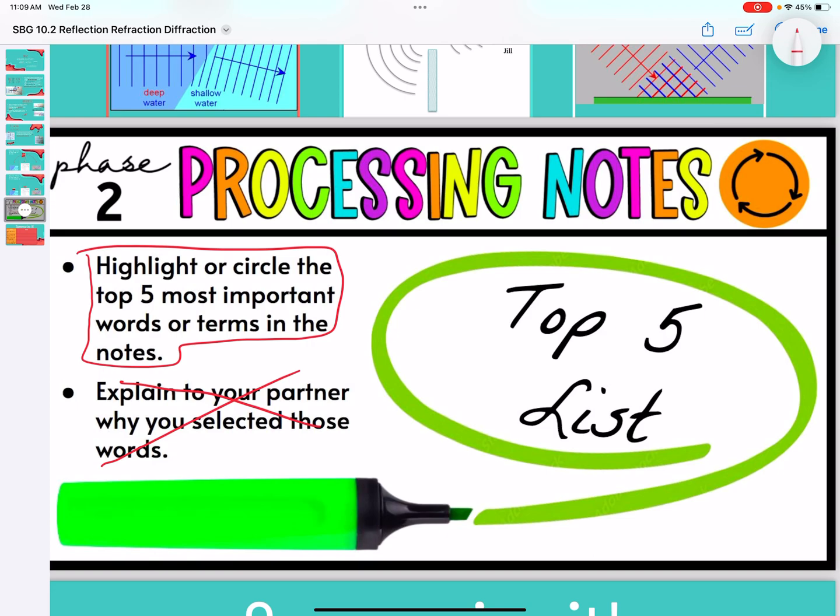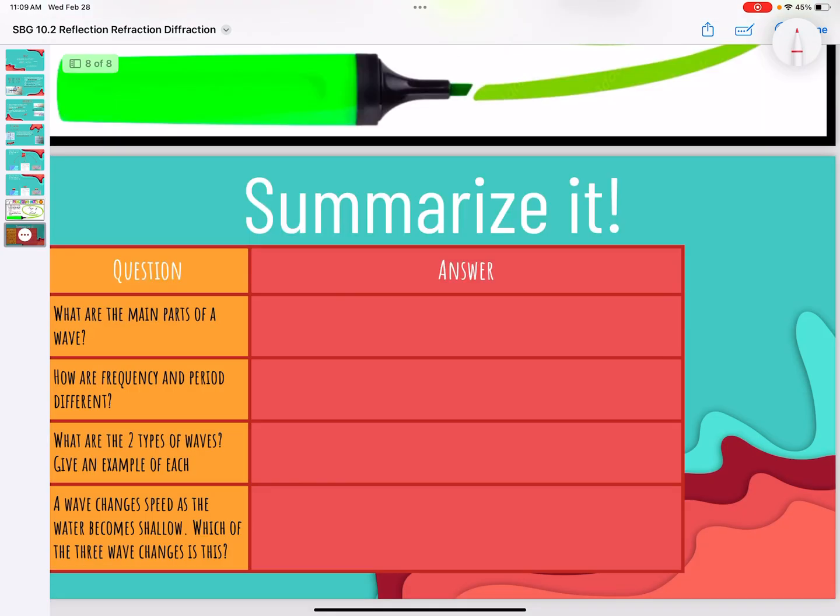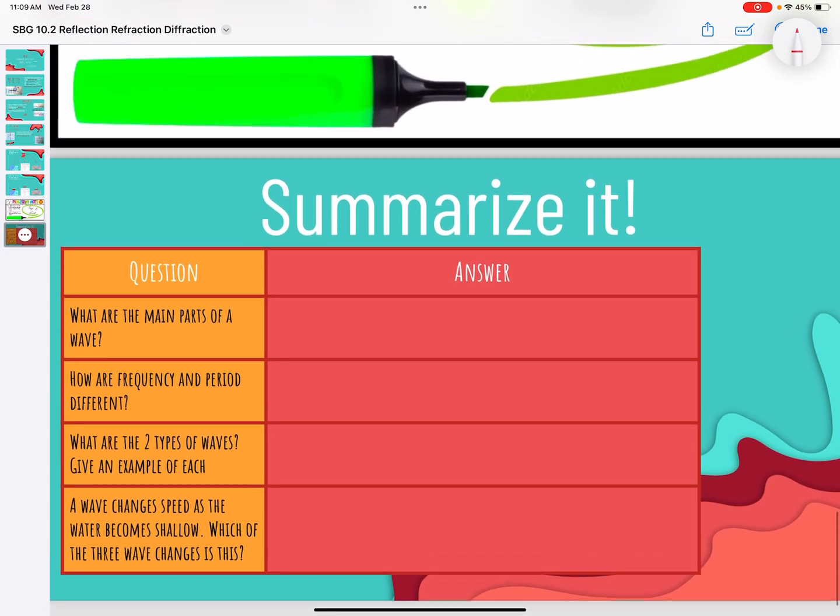And then the last thing I would like, after you're done highlighting your notes, is I have a set of summary questions for you. This covers material that was on 10.1 and 10.2, so your wave basics and reflection, refraction, and diffraction. So I'd like you to answer the question, what are the main parts of a wave?